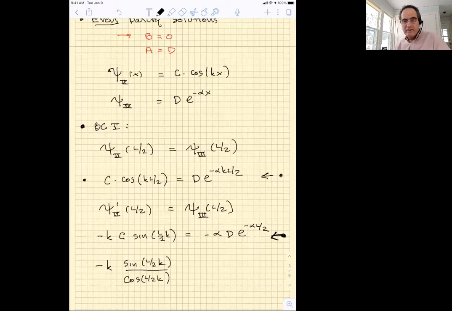Notice that the factor c cancels out. And this has to equal minus alpha times e to the minus alpha L over 2 divided by e to the minus alpha L over 2 again. Okay? Very good.